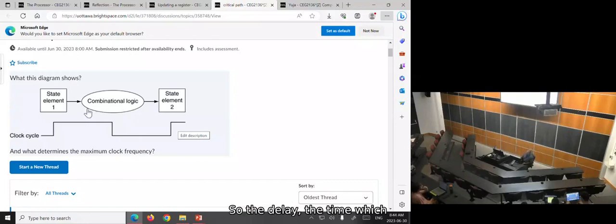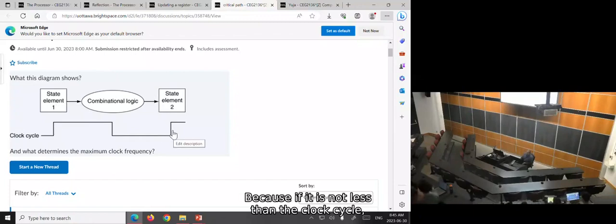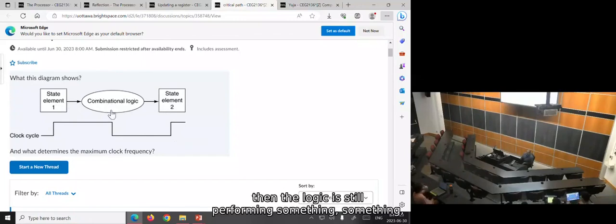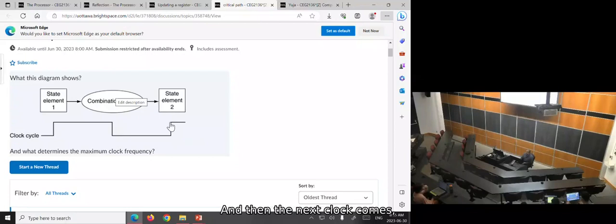So the delay, the time which this logic takes to perform, should be less than the clock cycle. Because if it is not less than the clock cycle, then the logic is still performing something and has not produced the output here, and then the next clock comes.